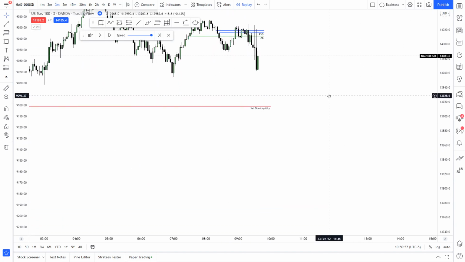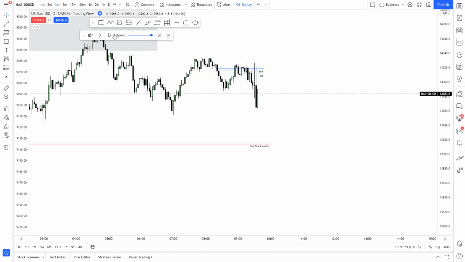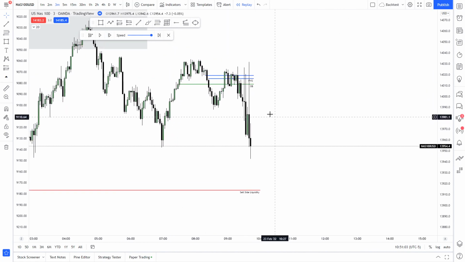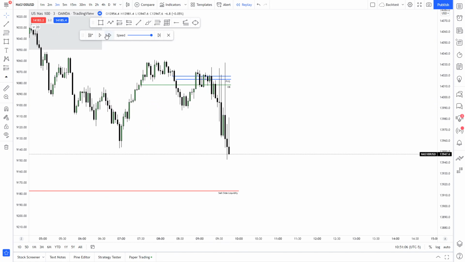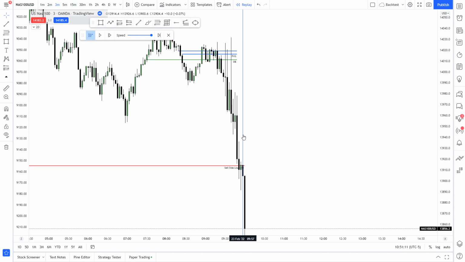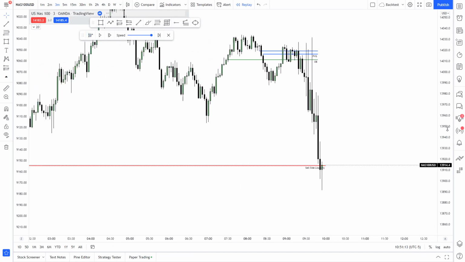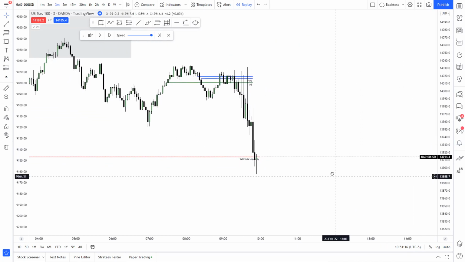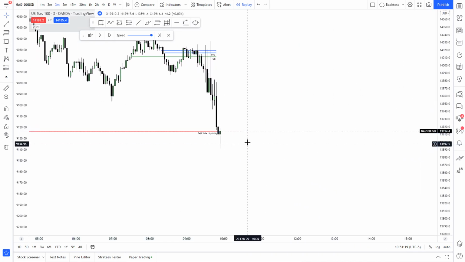Let's have a look where you could have entered. Let's say you missed this entry up here, and you're looking to enter. So it came and took out this outside liquidity.